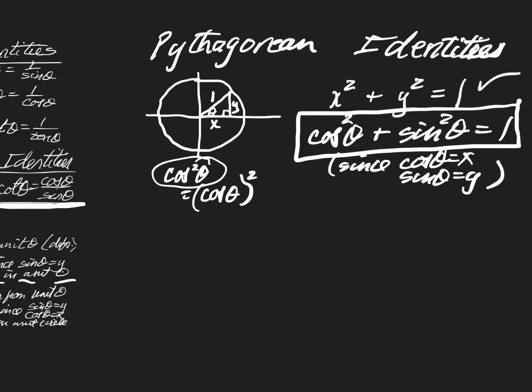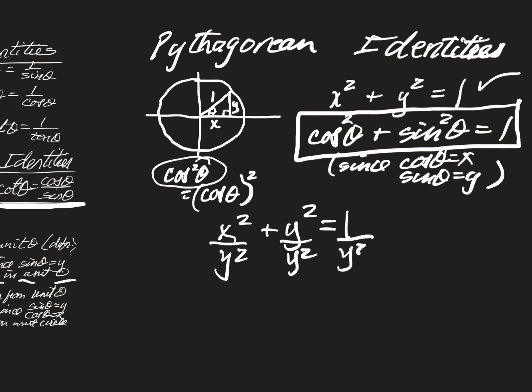So again, we'll take that Pythagorean theorem. If you do x squared plus y squared equals 1, and then just for kicks, you divide everything by y squared, okay? Then what happens is you'll have x squared over y squared plus 1 equals 1 over y squared.